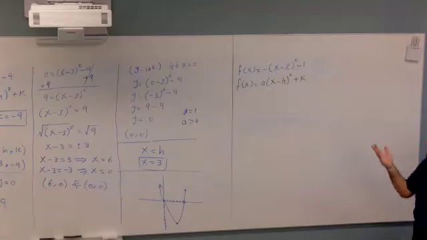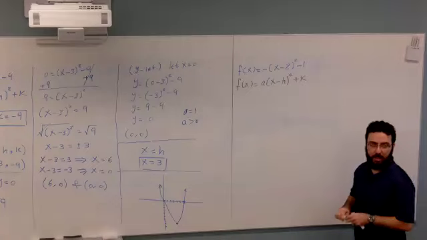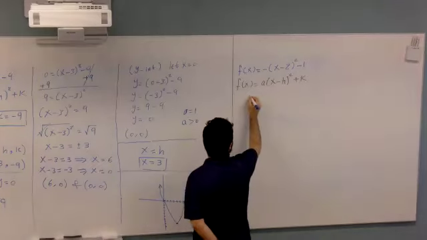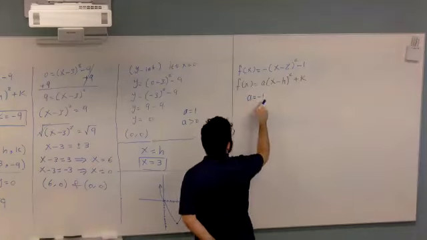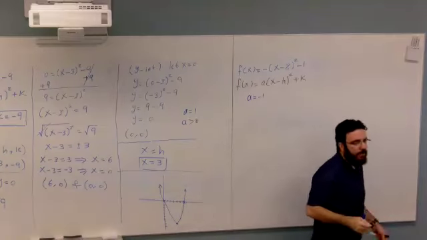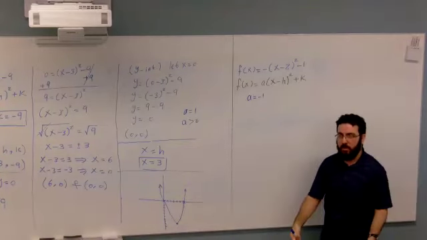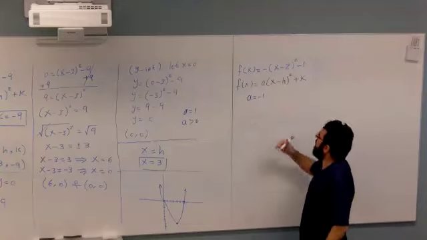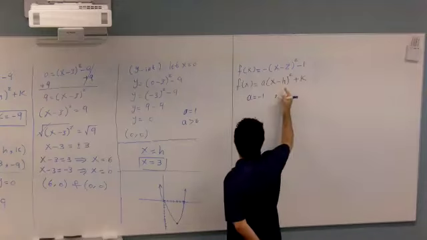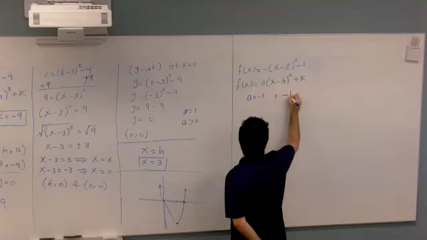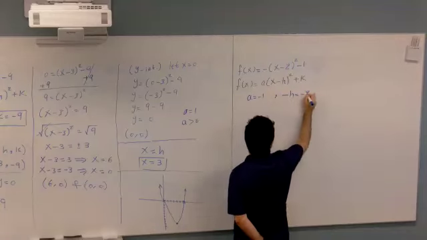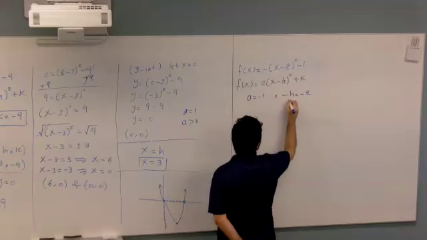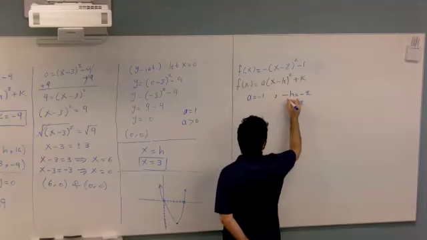Now, what's the value of A? Negative 1. So you see, the value of A is -1, so I already know the graph is going downward. I'm just locating the value of A. Okay? Now, what else? How much is the value of H? Be careful here. Negative H equals negative 2. Divide both sides by -1. So H equals 2.